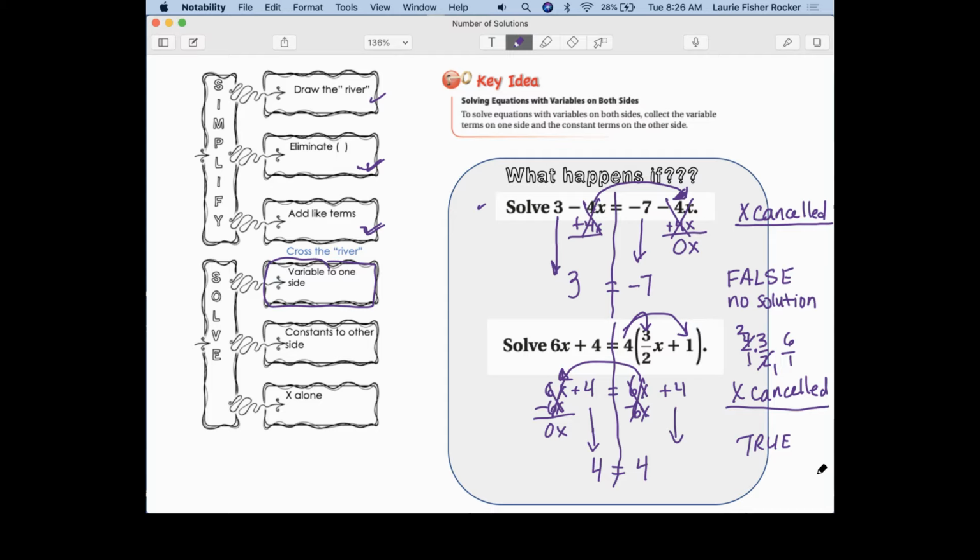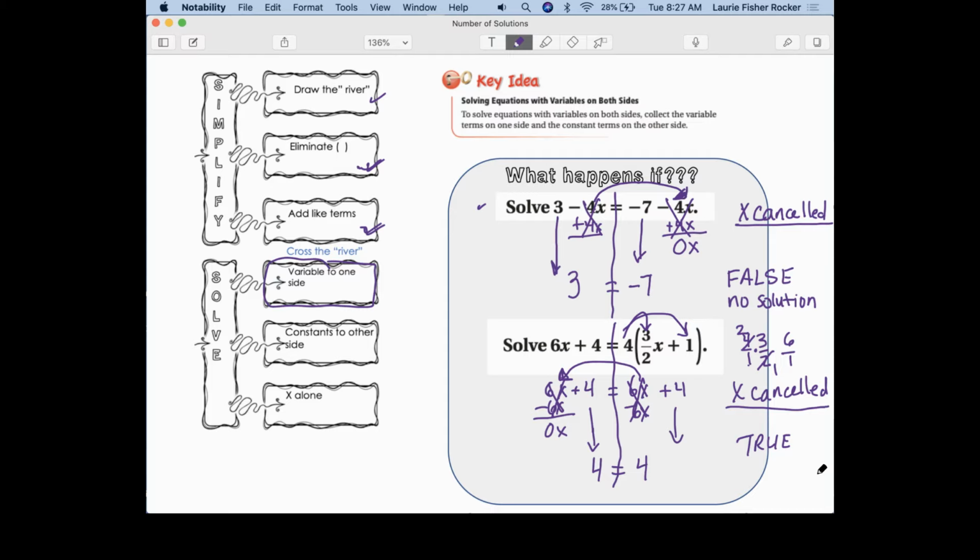So that gives us a different scenario. It's true, so that means it doesn't matter what we put in for x. We could put in 1,000,000. We could put in negative 0.000128. We could put in 0. And whatever we put in for x, it's always going to be true. Okay, so the x canceled. The statement left behind was true because the constant's 4 equals 4.